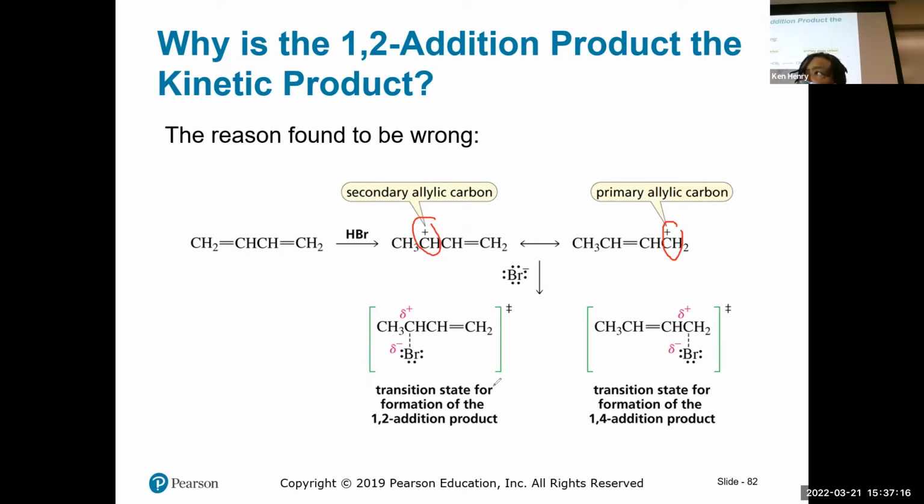Instead, the addition of that internal bromine is the less stable one. And again, it has to do with that double bond. So we're going to get that partial positive, partial negative happening at that terminal situation.